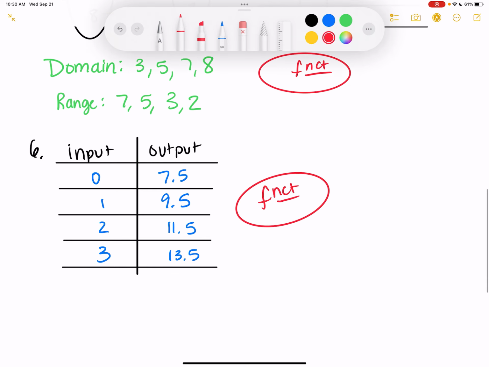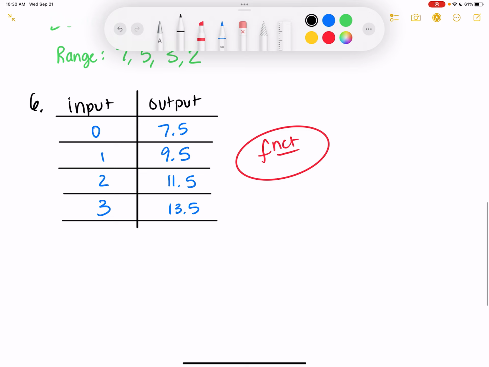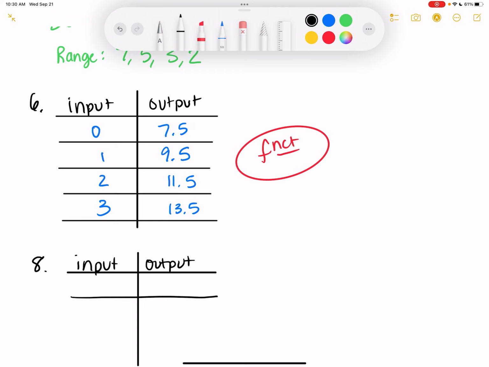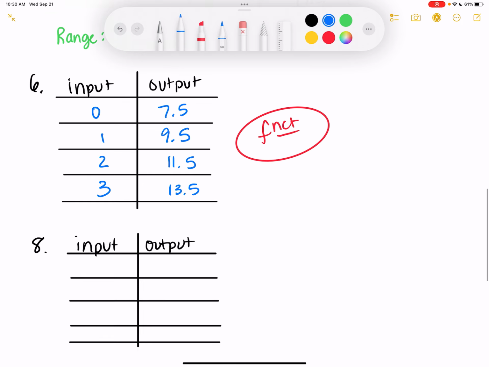Let's look at another one. Number 8. It also gives us a table. In here, going down again, we have 7, 11, 21, and 35.